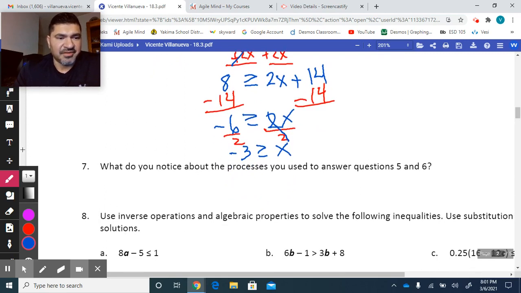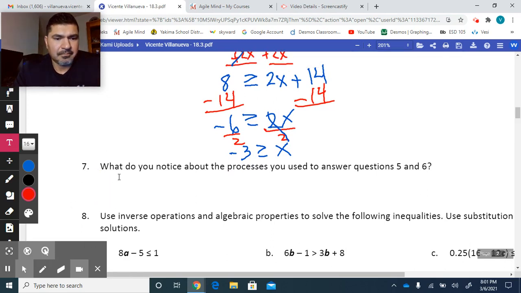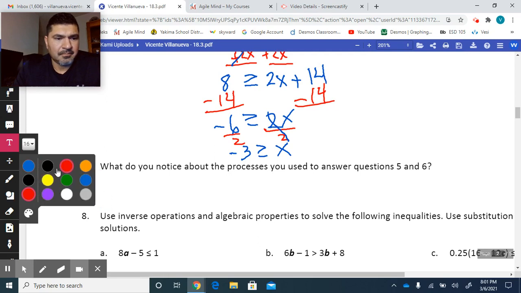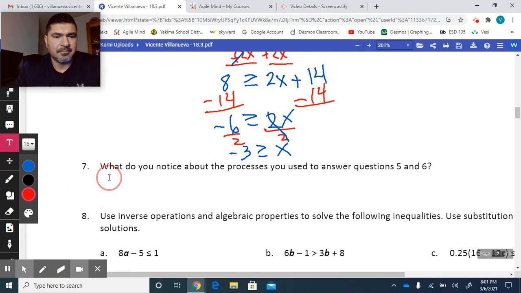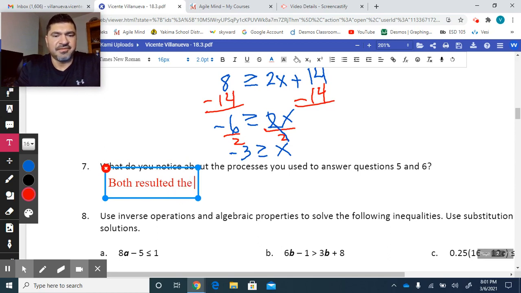Okay, so that's what you'll type in for number 7. Both resulted in the same answer.